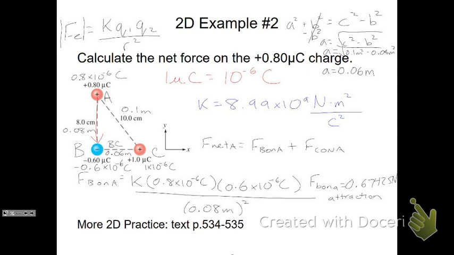And this is going down, so I should also say up and right are positive. So if this is going downwards, we're actually going to say negative. Okay, I carried all of my decimal places. So that is force of B on A. Now I need to jump in with a new slide.